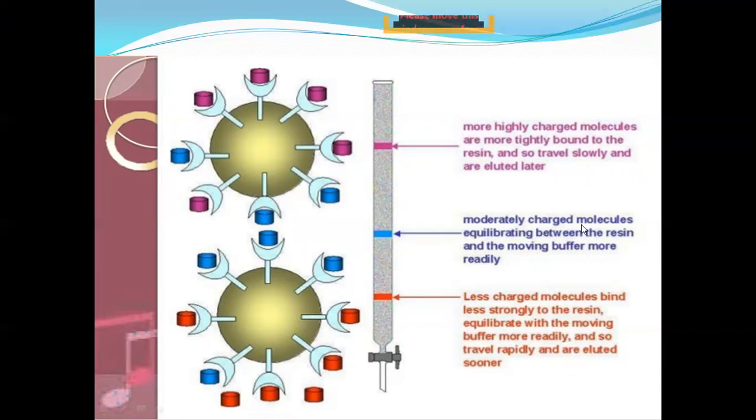The moderately charged one is moderately bound. So in this reaction mixture we have +3, +2, and +1. The +3 is firmly bound with the resin, the +2 is moderately bound, and the +1 is loosely bound to the stationary phase.